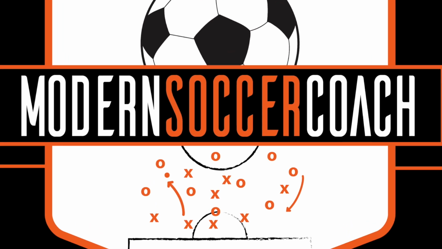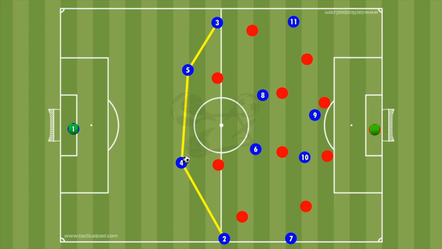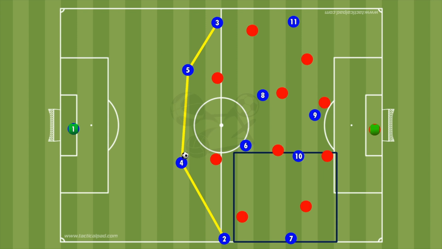So in the third one, we're going to look at higher spaces, how inverting the full back into those central inside spaces can cause a lot of problems for the opposition. But it's not just about identifying the spaces that you're trying to get the fullback into. It's about how you're going to get that fullback in there, because again, the opposition are quite compact.